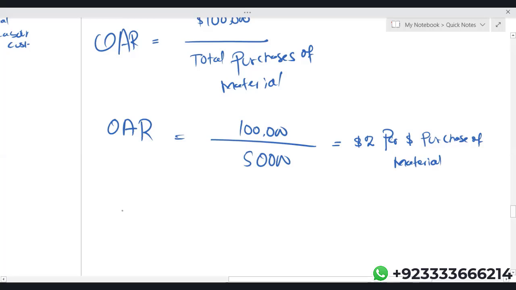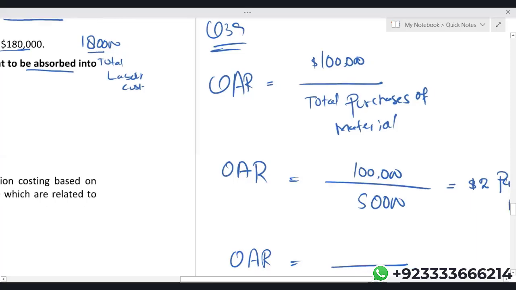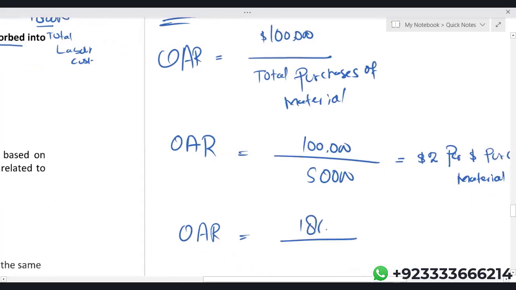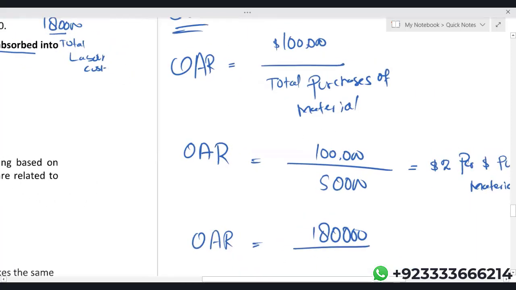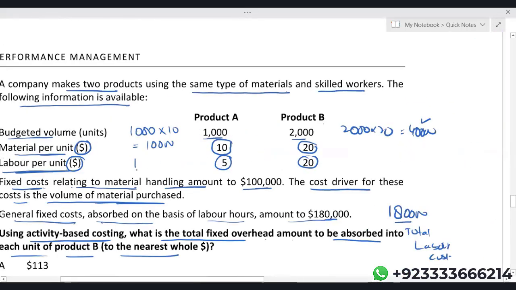Okay. Now let's calculate the overhead absorption rate on the basis of labor cost. The total they have given us is 1,80,000. Now, 1,000 multiplied by 5 and 2,000 multiplied by 20.